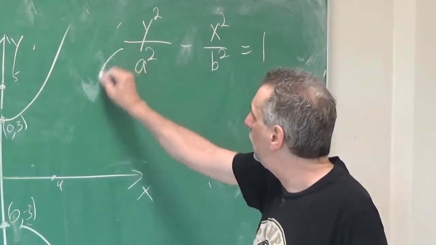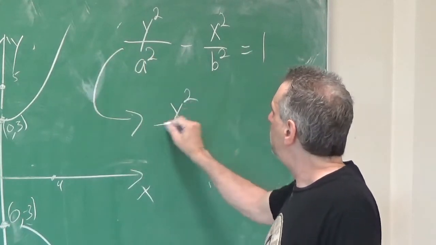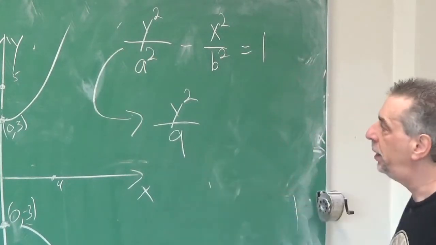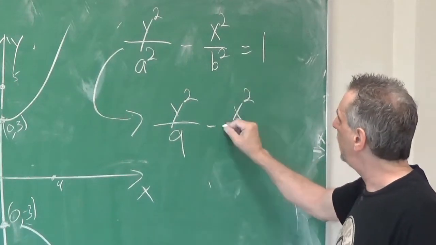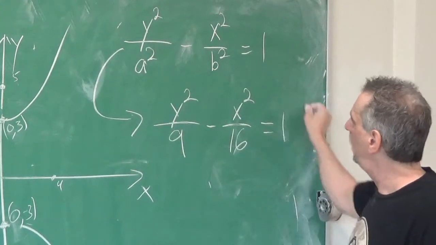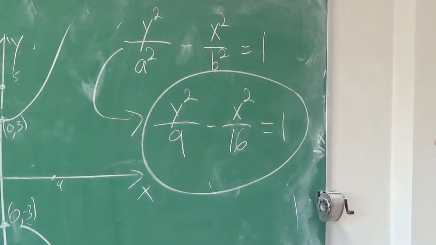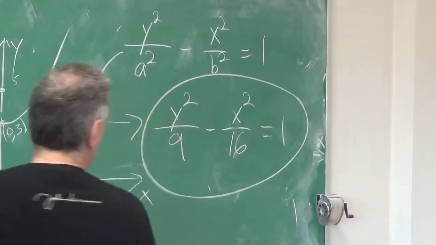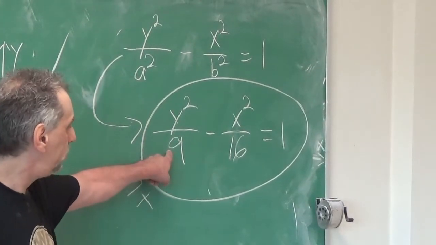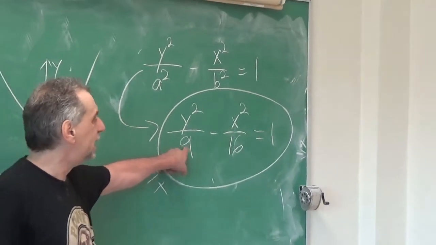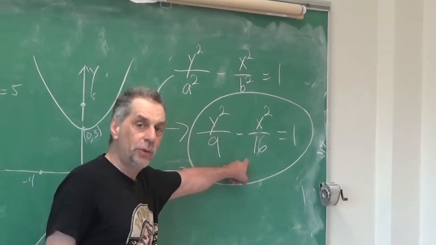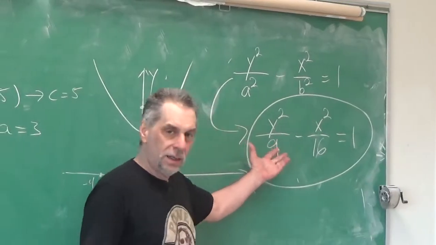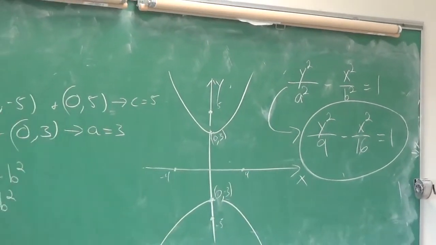So we get y squared over 3 squared minus x squared over 4 squared equals 1. All right, so again, notice the A value was less than the B value, which never occurred with the ellipses, right? But that's possible when we're talking about hyperbolas.